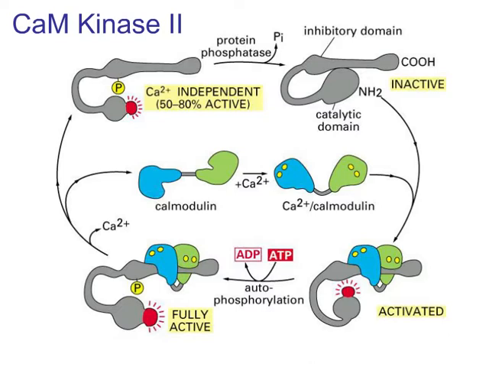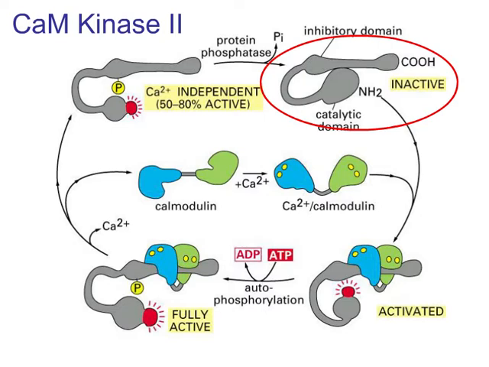A primary target of calcium calmodulin regulation is a serine-threonine kinase known as calcium calmodulin dependent kinase 2, or CaM kinase 2 for short. CaM kinase 2, in the absence of calcium and calmodulin, is inactive. It has an inhibitory domain which masks its catalytic kinase domain and prevents it from being active.